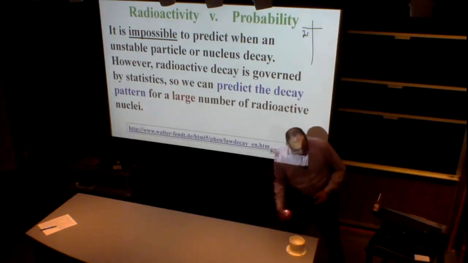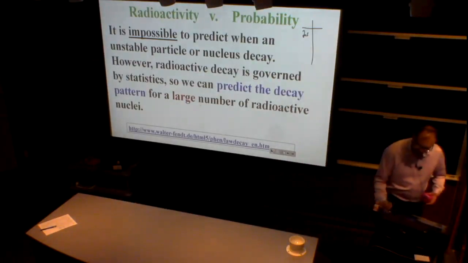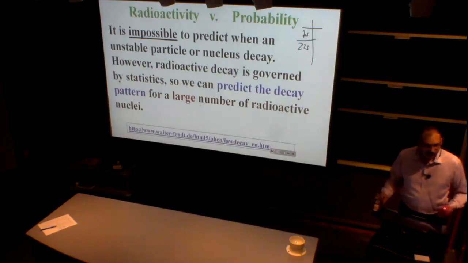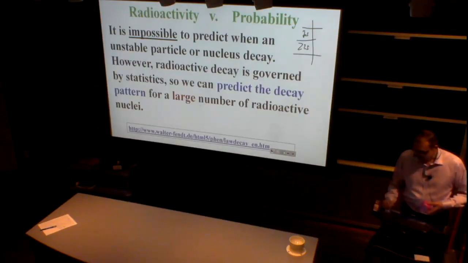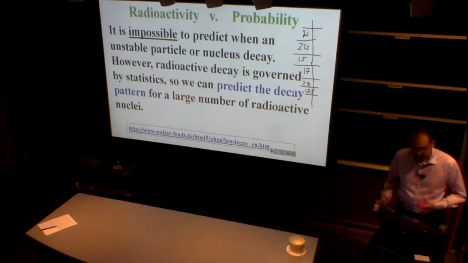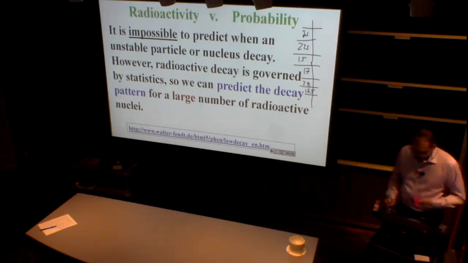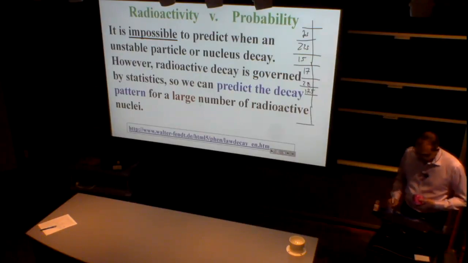I write it down. 22 seconds. Same atom, different time. So what do I do? I keep doing the same. 15 seconds, maybe 17 again, maybe 22 again, maybe 17.5, etc. I have to do it many times, but after a while, I can see the average.